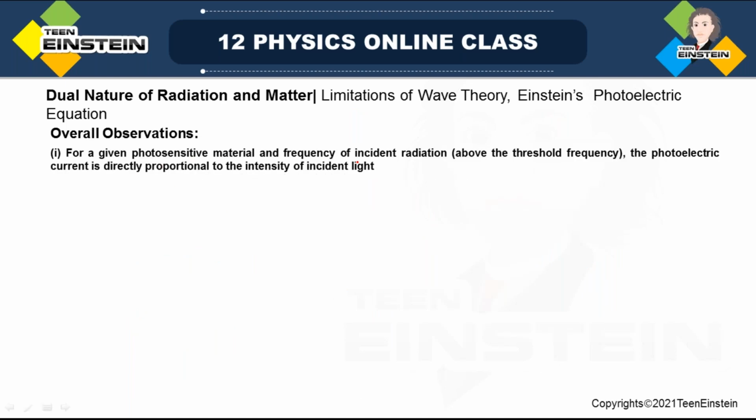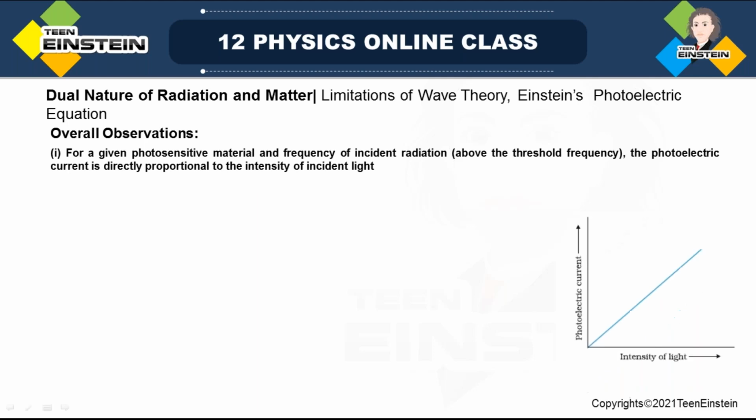See, for a given photosensitive material and frequency of incident radiation above threshold frequency, the photoelectric current is directly proportional to the intensity of the incident radiation.